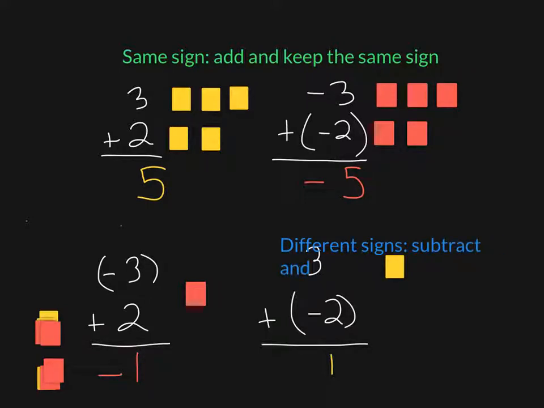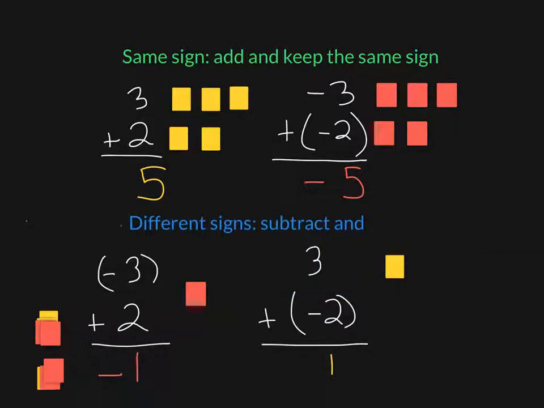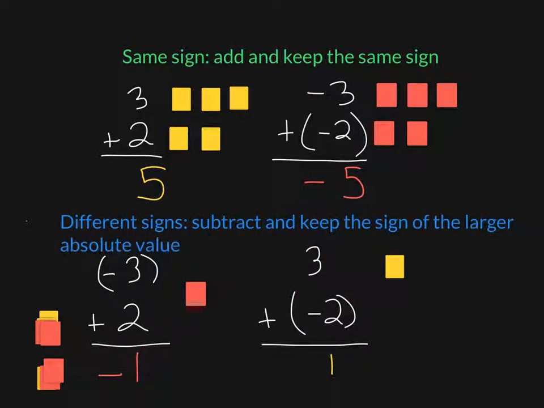Subtract and keep the sign of the larger absolute value, or the one that you have more of. So in that first example, we had more negatives, so we kept the negative sign. On the other one, we had more positives, so we kept the positive sign.